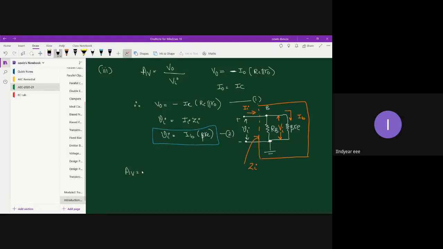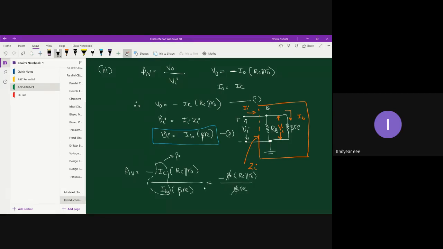Now let me find out the voltage gain. V0 over VI: I have minus IC into RC parallel with R0, divided by IB into beta RA. The ratio IC by IB can be written as beta, so you have minus beta into RC parallel with R0 divided by beta into RA.